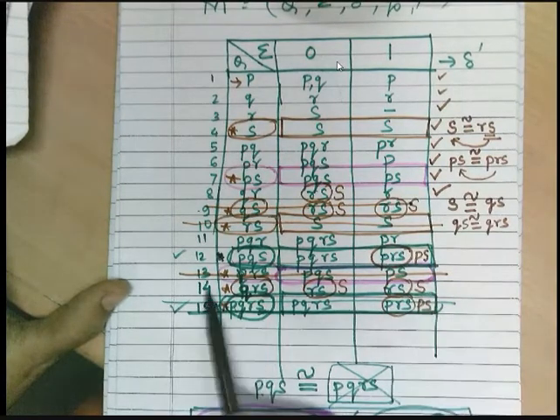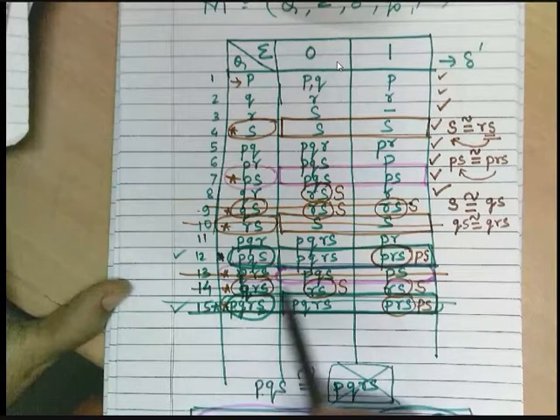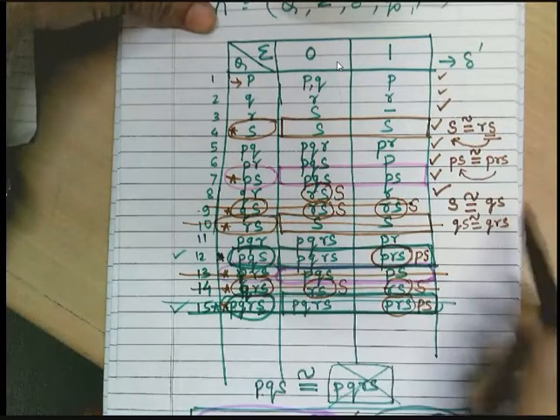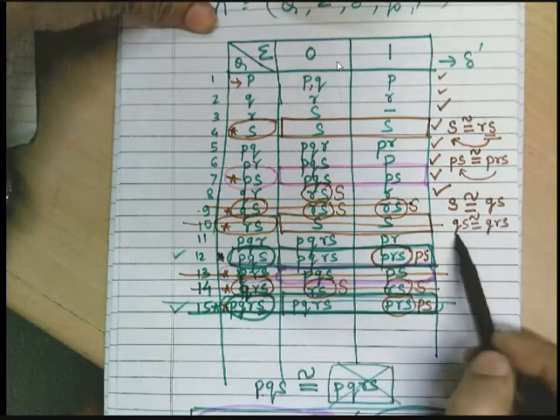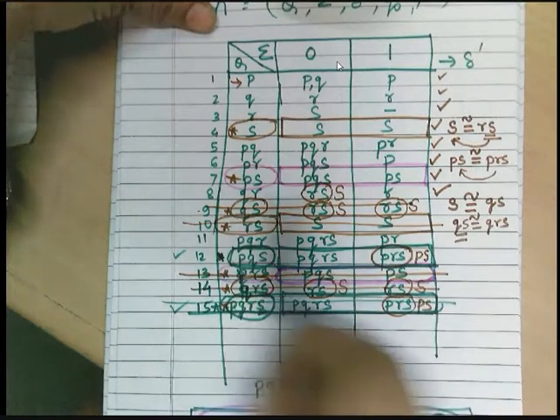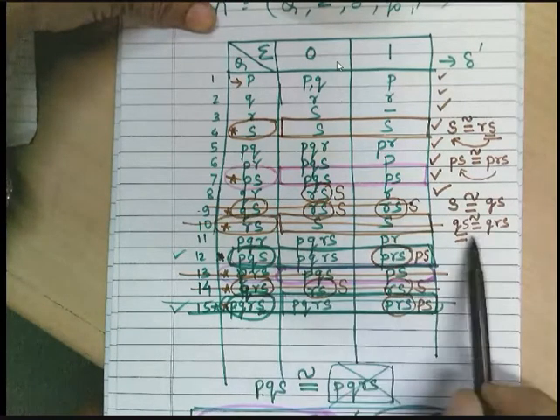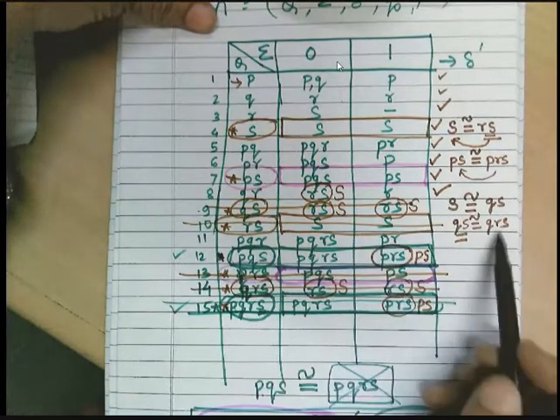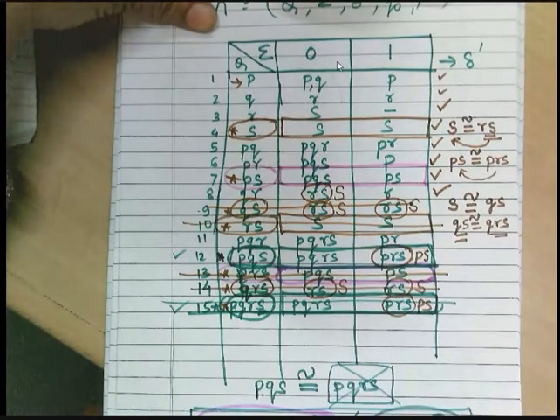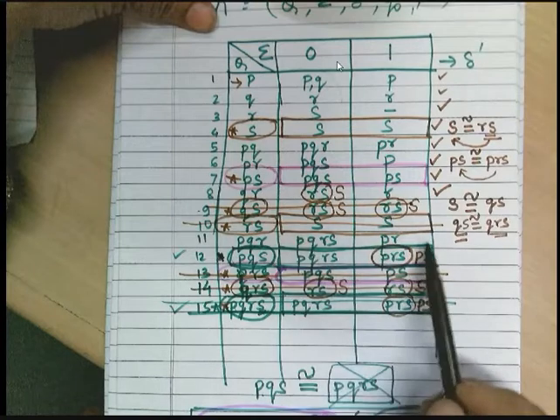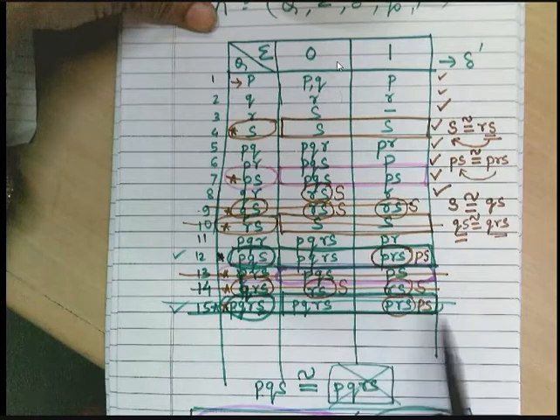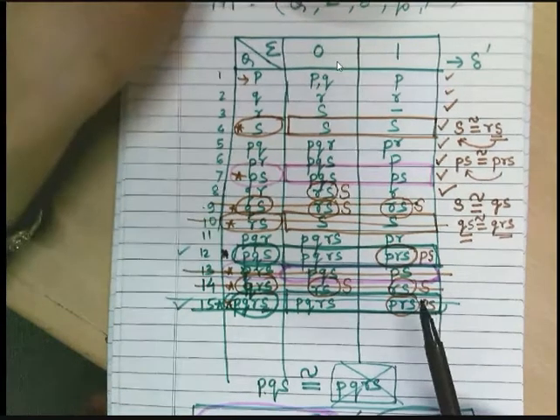Okay. All are equivalent. So all will be minimized, replacing what? All the QS must be replaced by S. So again we will search anywhere we are finding QS, nowhere, right? Similarly, we have identified equivalence with QRS. So QRS, anywhere we are finding QRS, nowhere we are finding the QRS, right?